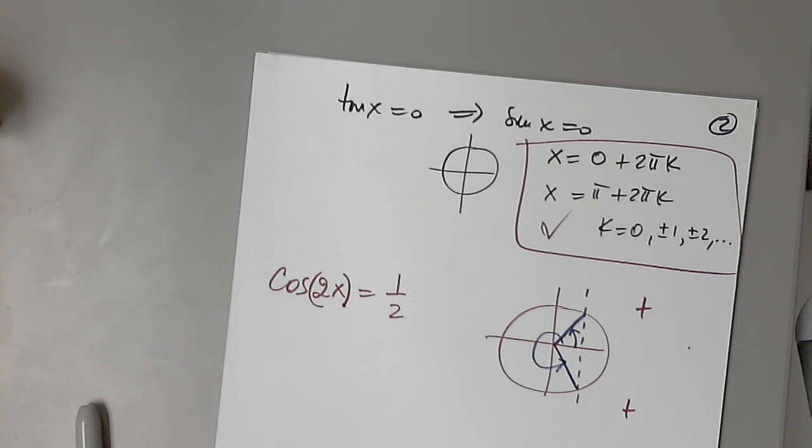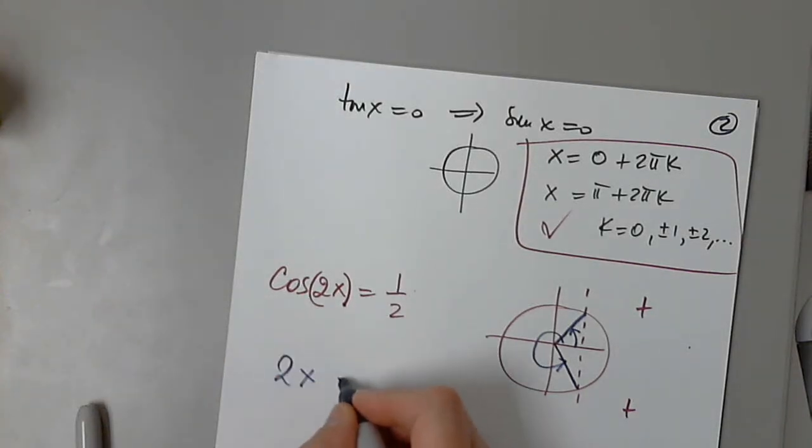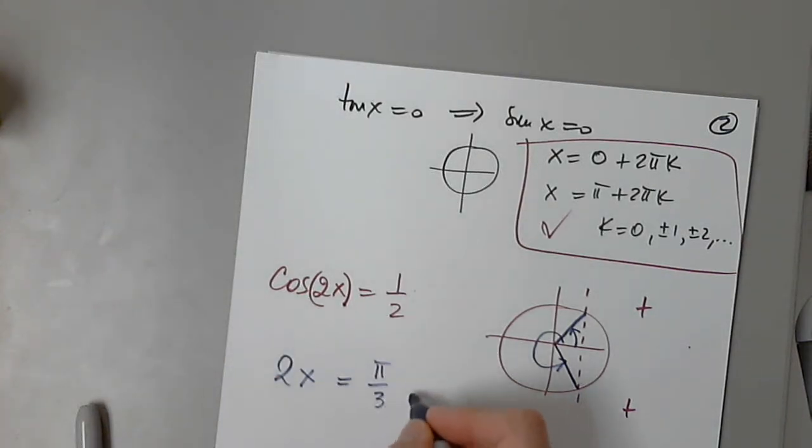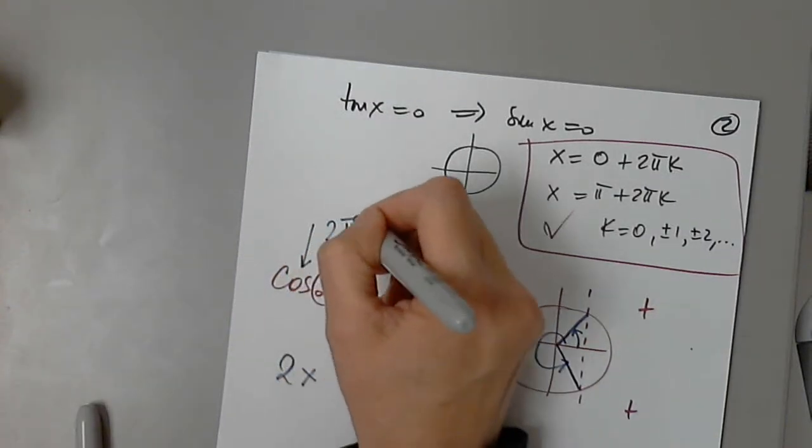Both angles have cosine 1/2. Can anyone give us the reference angle of these two angles with cosine 1/2? Excellent. So then 2x equals pi over 3 plus 2 pi k because cosine has period 2 pi.